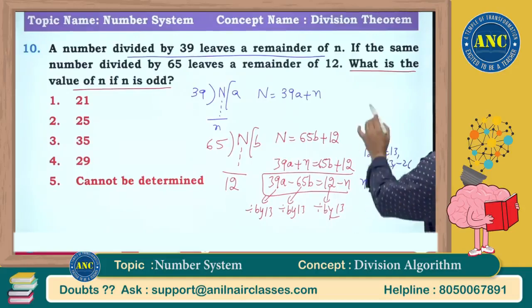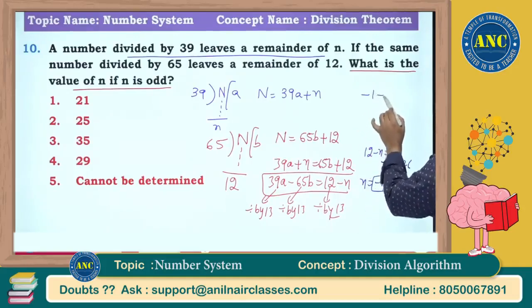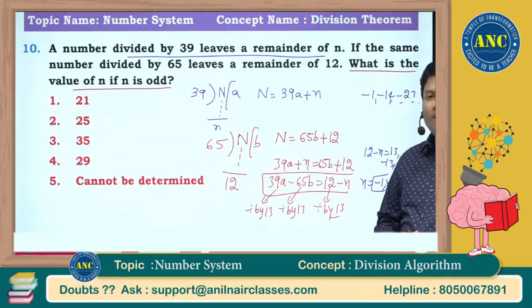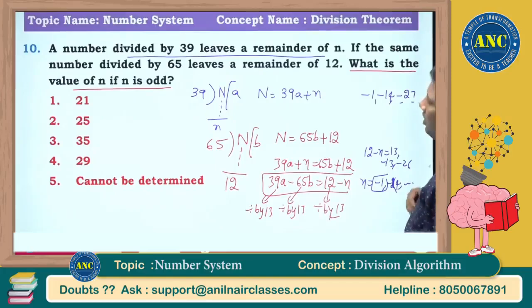Minus 1, minus 14, minus 27 and so on. n values will be like this.